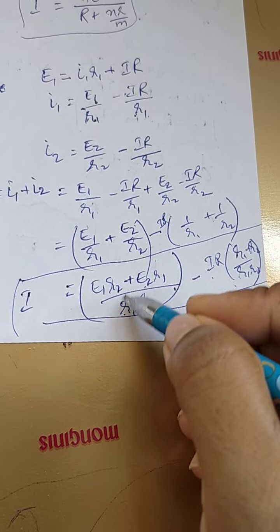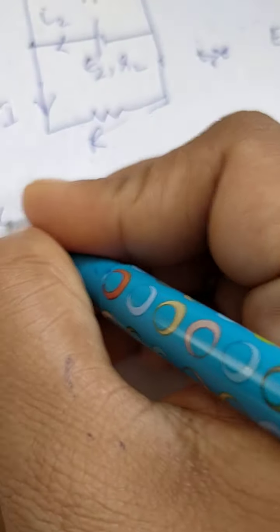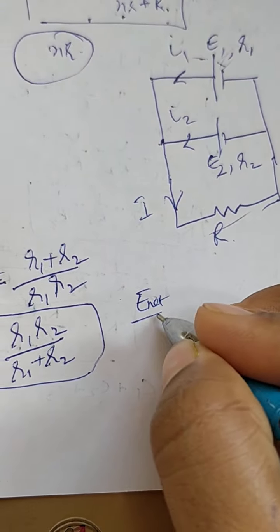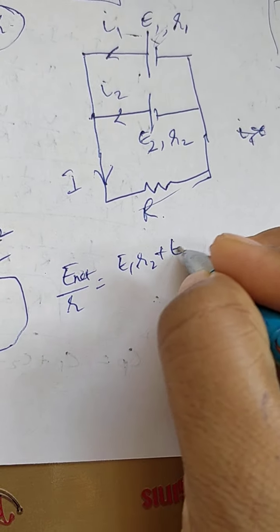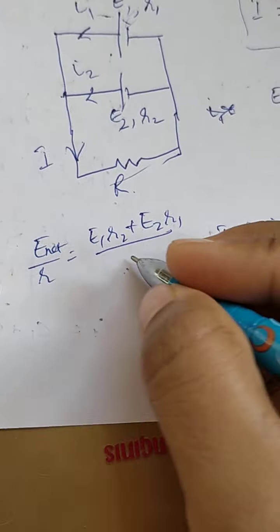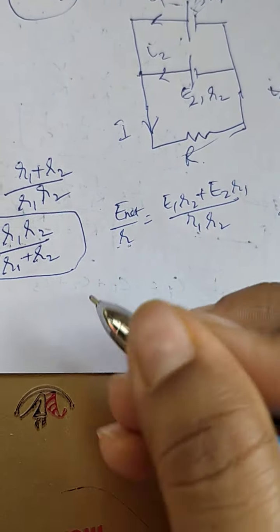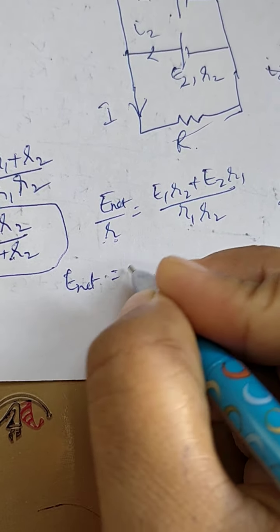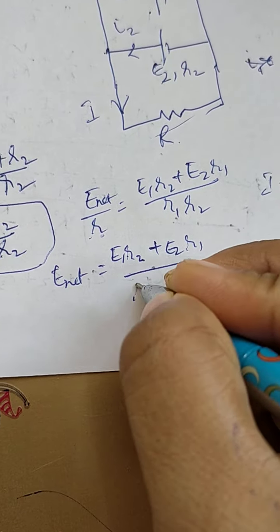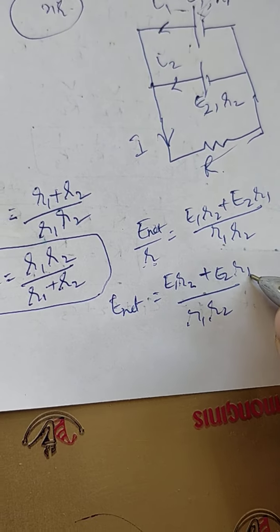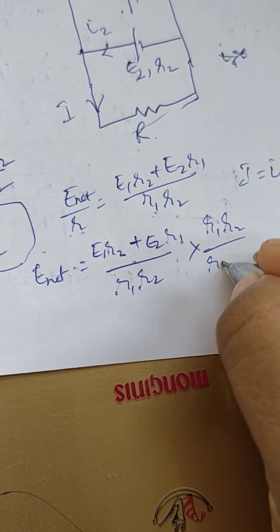Now if you compare this with this, EMF upon internal resistance will be this term. So E net upon internal resistance is equal to E1 r2 plus E2 r1 upon r1 r2. Okay, so when I take this to that side, E net will be E1 r2 plus E2 r1 upon r1 r2 into small r, which is r1 r2 upon r1 plus r2.